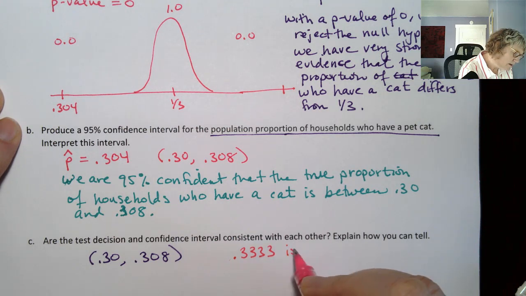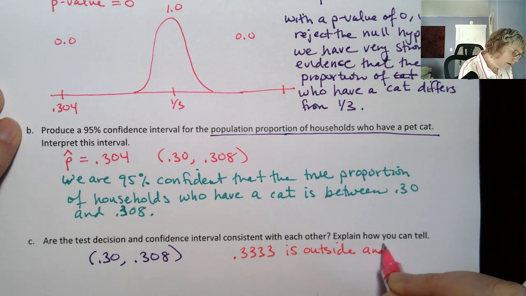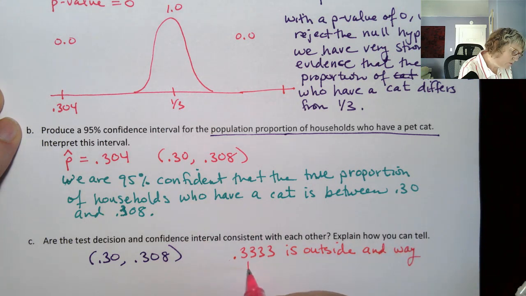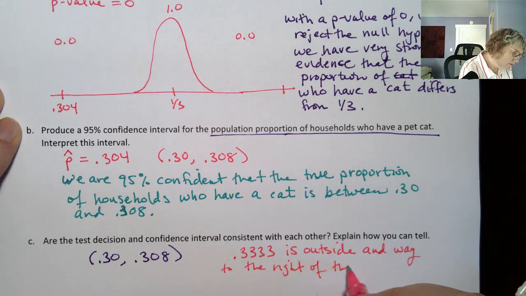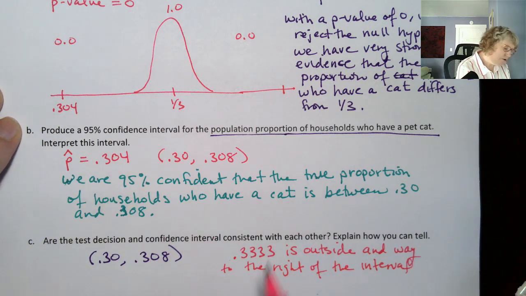0.333 is outside and way to the right of the interval. And that's our null value.